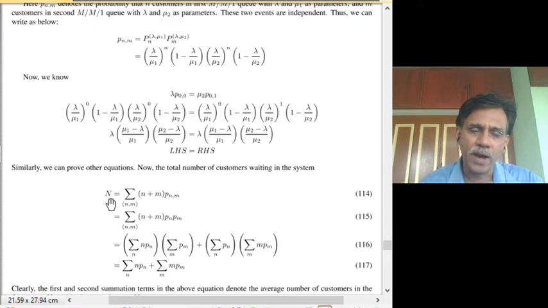To find the probability that there are capital N customers, or if you want to find the average number of customers in the overall queuing system, capital N, then what you have to do is sum over all possible pairs of n plus m such that n plus m equals capital N, and for each n comma m we have to multiply by P of n comma m, which is given by this equation.